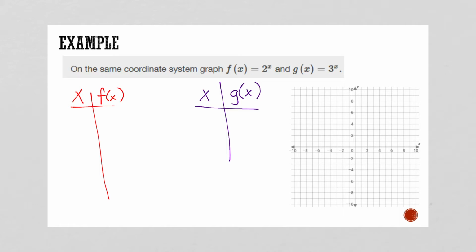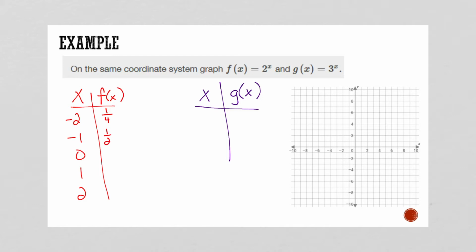All right, so let's just use some numbers here. If I put -2 up here in the exponent, that would be 2 to the -2 power, which is 1 over 2 squared, which is 1 over 4. Okay, if I put -1 up in the exponent, I've got 2 to the -1 power, which is 1 over 2.